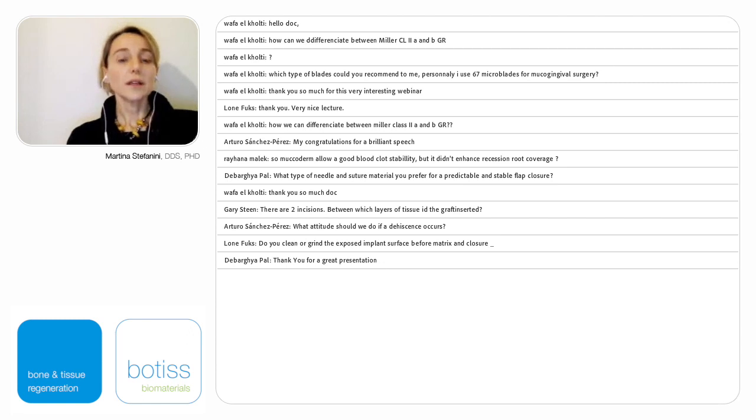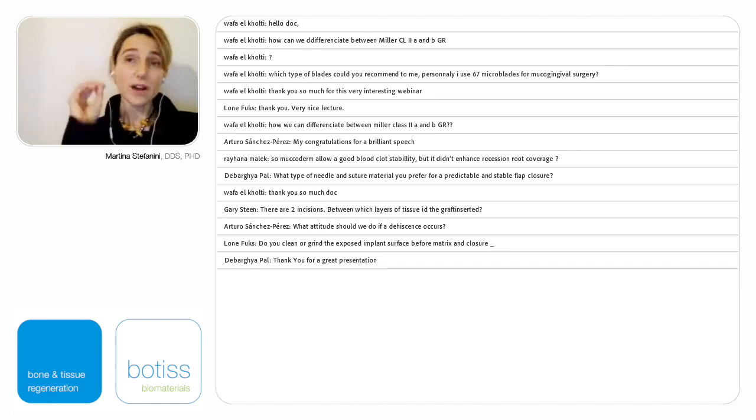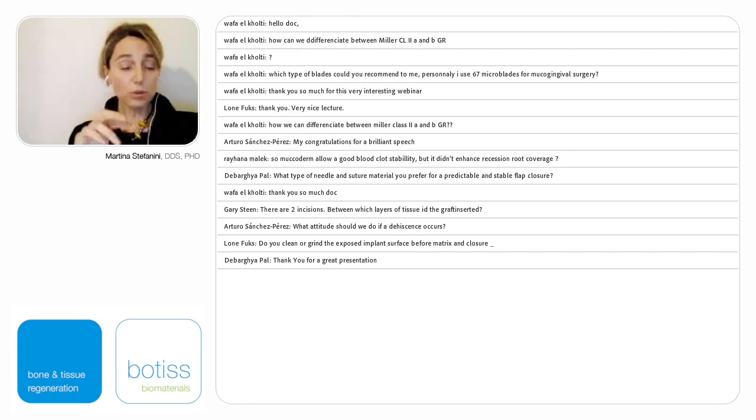And in presence of this kind of soft tissue dehiscence, if there are some threads of the implant exposed which were not contaminated, I usually clean them with a chemical decontamination.